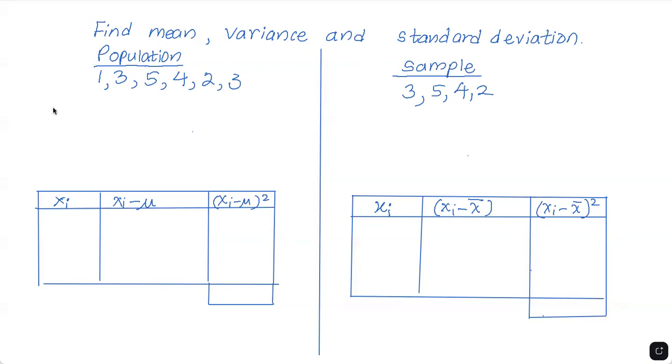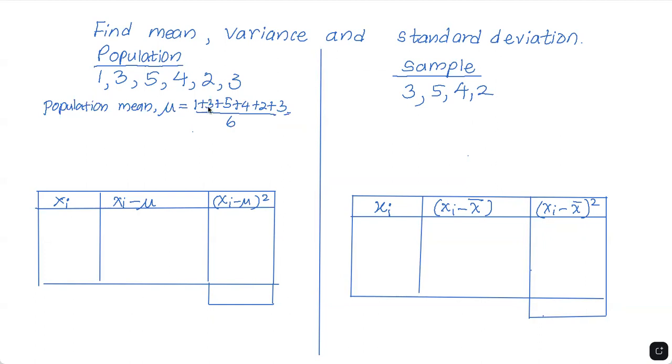To calculate the population mean, we use the notation mu equals the summation of all data values, which is 1 plus 3 plus 5 plus 4 plus 2 plus 3, divided by the total number of data values, which is 6.